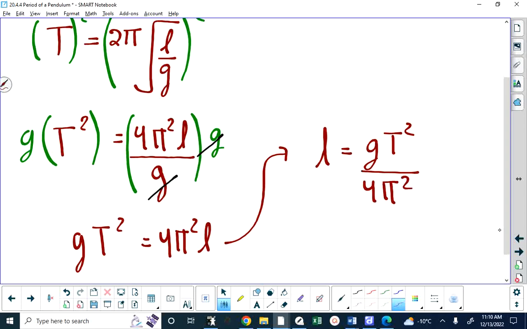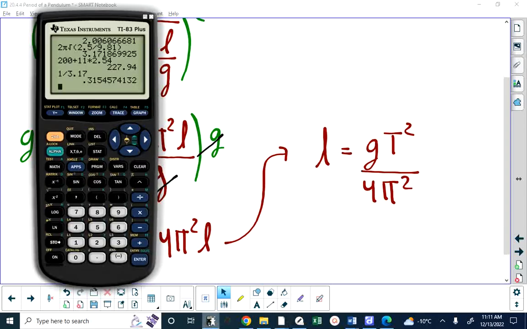By the way, since the period of the pendulum in the previous question was 3.17 seconds, whatever we get for a length here should be pretty close to the length that we had in the first question. I'm not even going to put the numbers down on the board here. 9.81 times 3 squared divided by 4 and divided by pi squared.